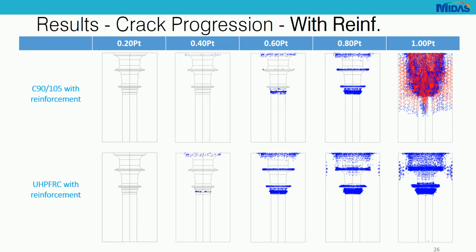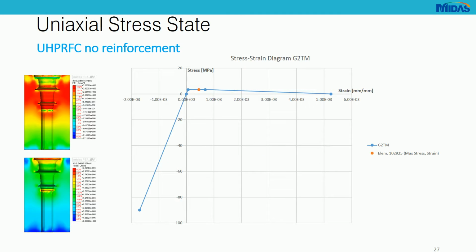Now, to put into perspective the way the cracks develop in the ultra high performance fibre-reinforced concrete model, I have checked the stress and the strains against the stress strain curve.